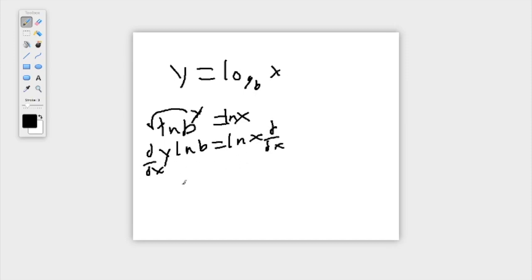And you get dy dx ln b, and then you get 1 over x. And then we isolate dy dx, and then we get 1 over x ln b.